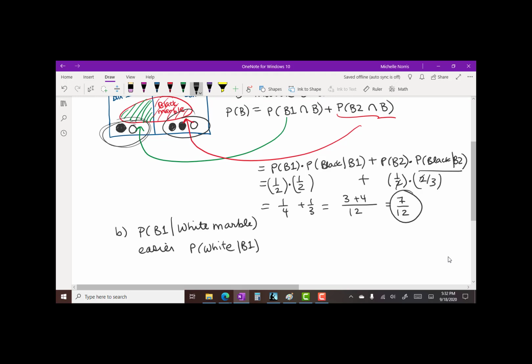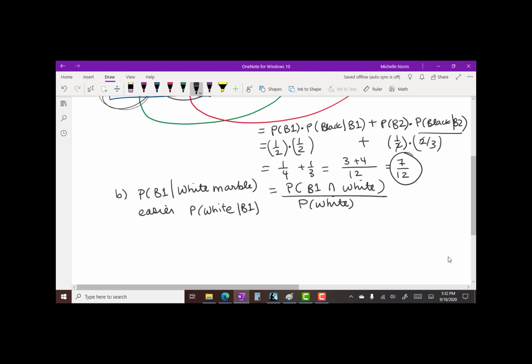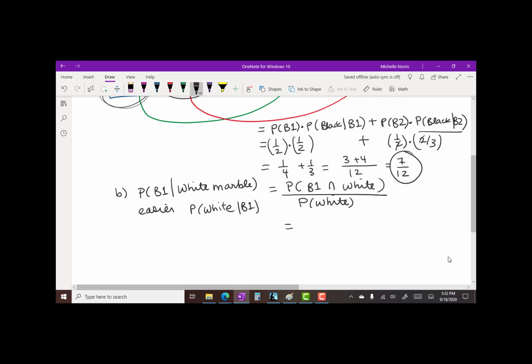Okay, so let's use Bayes' theorem. And actually first we'll just use conditional probability. So this is the probability of drawing box 1 and a white marble divided by the total probability of a white marble. And then the top becomes the probability of picking box 1 times the probability of a white marble, given that you chose box 1.